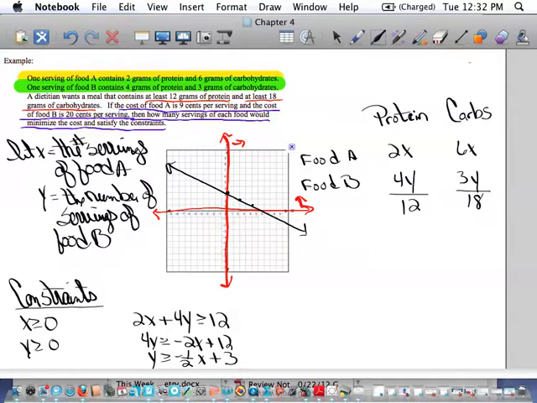Okay, the next equation, you're going to have 6x plus 3y has to be greater than or equal to 18. So solve that for y. I have 3y is greater than or equal to minus 6x plus 18. So y is greater than or equal to negative 2x plus 6. So again, go ahead and graph that equation.